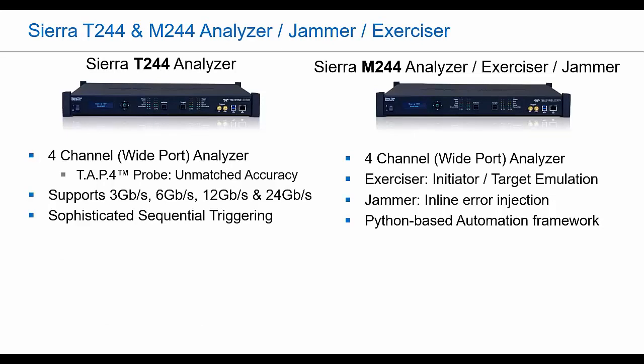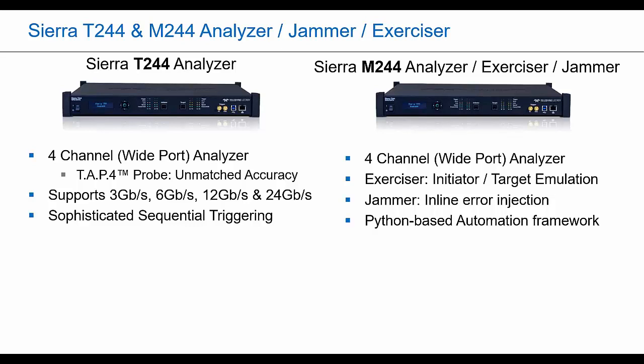We're definitely in the true believer camp here at Teledyne LeCroy. We've been involved with SAS test equipment since 2002, and we continue to support the industry. We have two new platforms for 24 gig, the T244, our analyzer-only solution with our very latest TAP4 probing technology, and the M244, a multi-function platform that also has the 4-port analyzer mode, plus there's a jammer option.